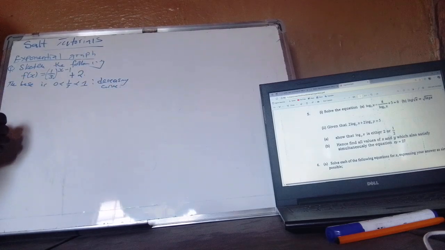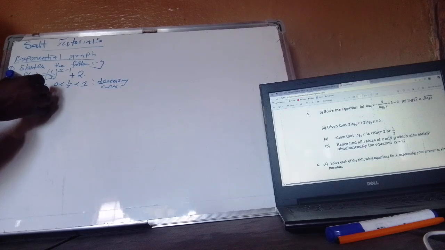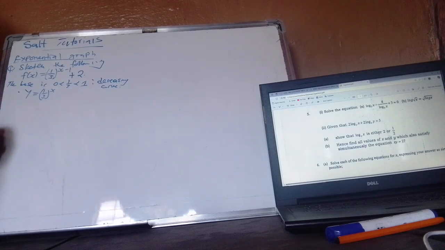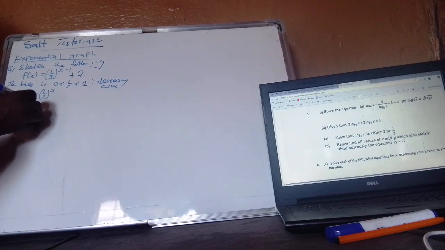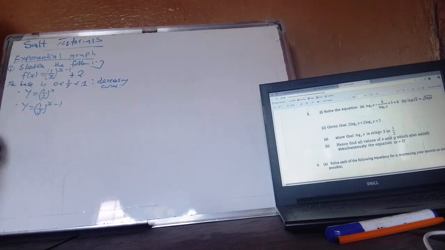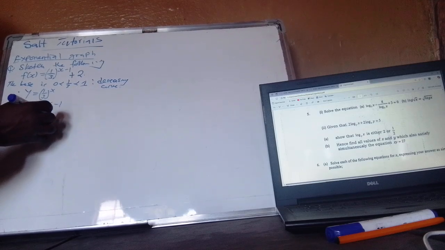So the steps which I'm going to sketch are, number one, we have to do (1/3)^x, which is the original function, the parent one. From there, we'll do the translation which is happening in the power. So everything in the power means it's a horizontal translation. We'll do that one. And lastly, we'll do (1/3)^(x-1) plus 2.